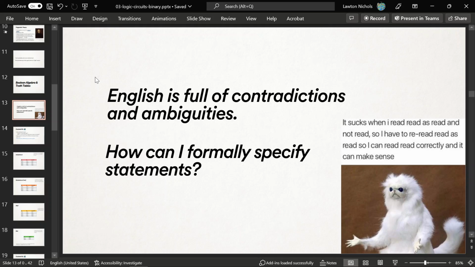And so wouldn't it be nice if there is a way we could write something and have it always mean the same thing to everyone, to get rid of any of those contradictions, to get rid of any of those ambiguities? That would be nice. Okay, so we don't like these. Wouldn't it be nice if we could formally specify our statements in a way that makes them all make sense to anybody who reads them? Okay?